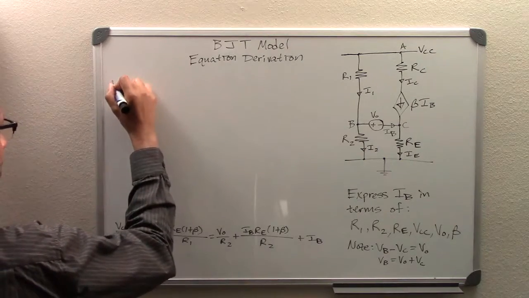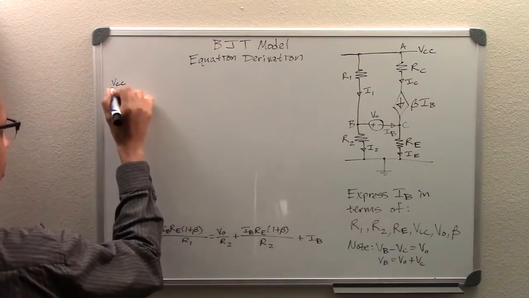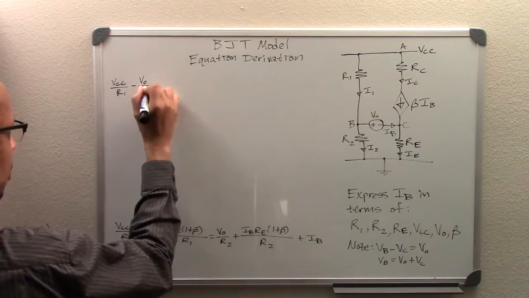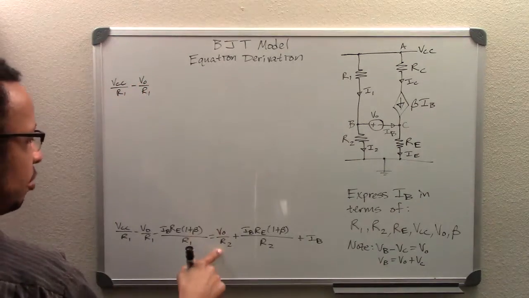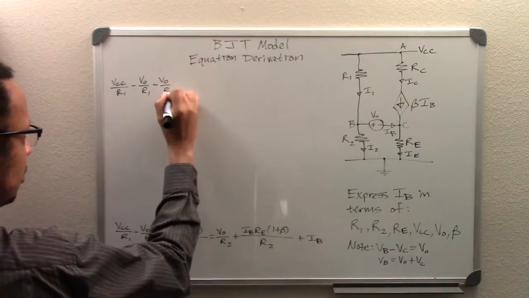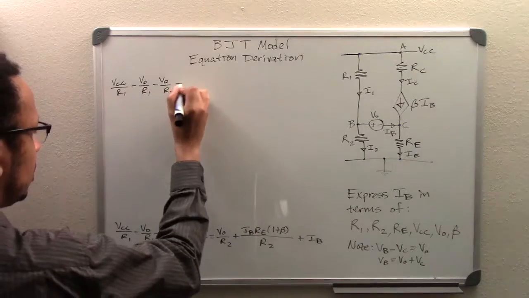So now we have VCC over R1 minus V sub 0 over R1. I'll bring this one over to the left side, minus V sub 0 over R2, equals.